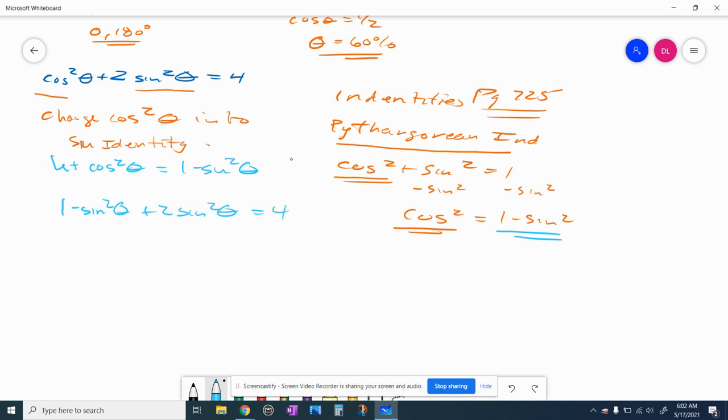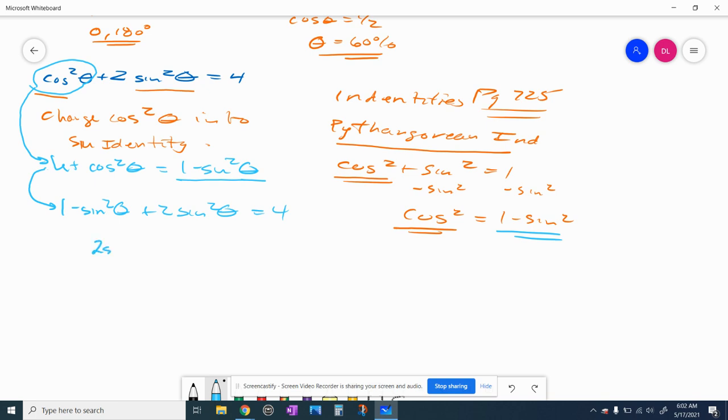Look what happened here. I took cosine squared theta, set it equal to the trig identity, and then I replaced it. Okay?